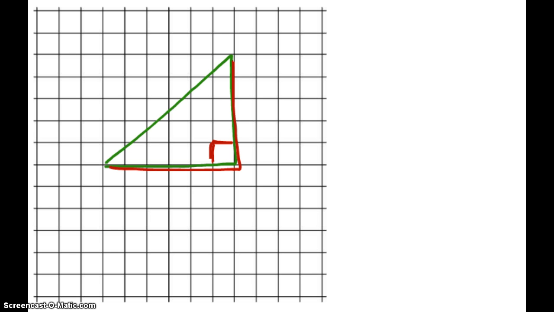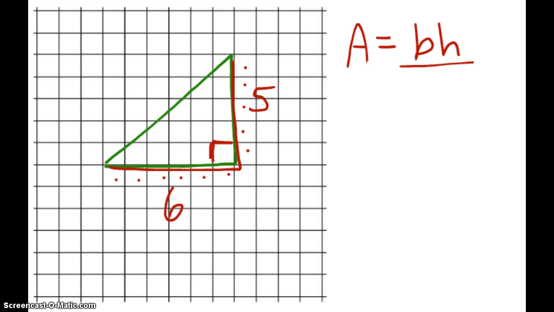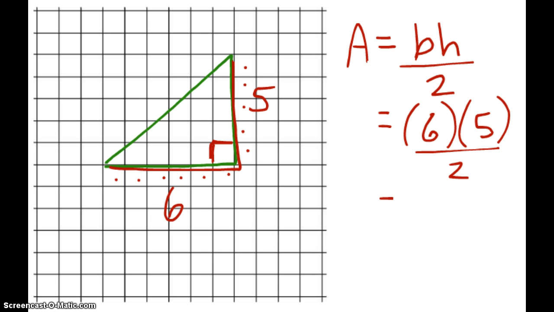So let's label the base and the height. We have 6 by 5. So our formula, area, is base times height divided by 2. Remember, because triangles are half of a rectangle. So we have 6 times 5 divided by 2. 6 times 5 is 30, divided by 2 is 15 square units.